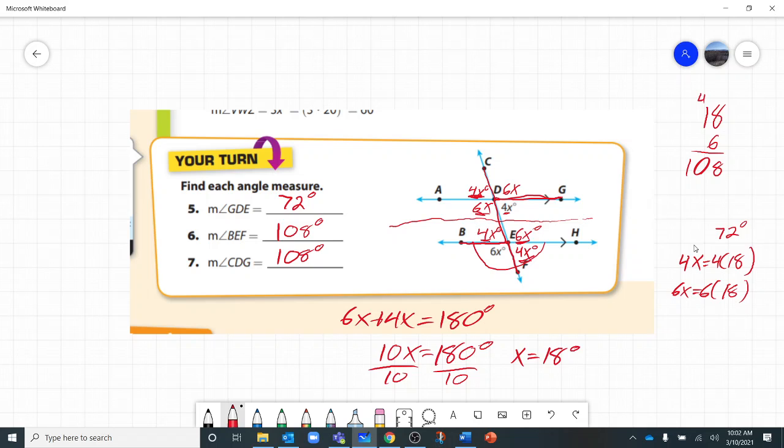So the 4x up here, 4x down here. Okay, hopefully you start to see that all those angles should be congruent to each other, equal to each other, and this really isn't all that hard once you get a grasp of everything. When you add up the two angles, it adds up to 180 degrees, and then which ones are equal to each other. Okay, that's it for this video.